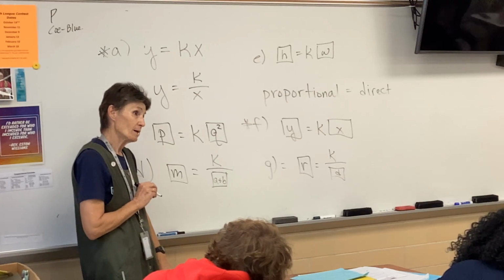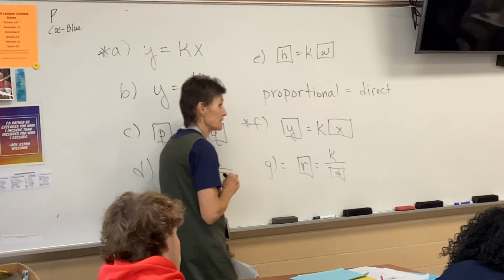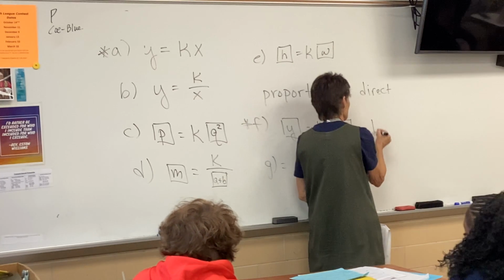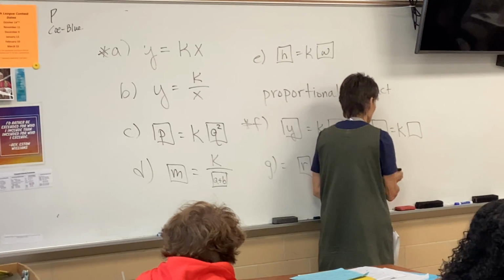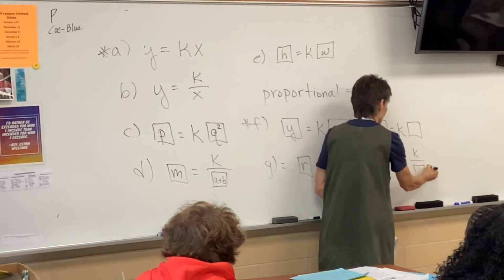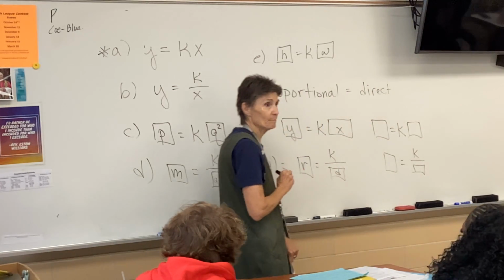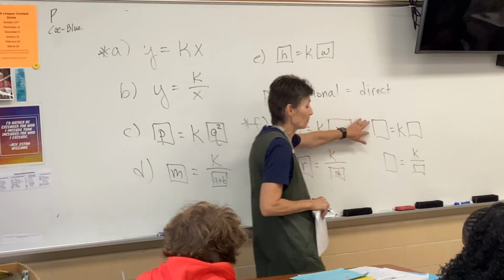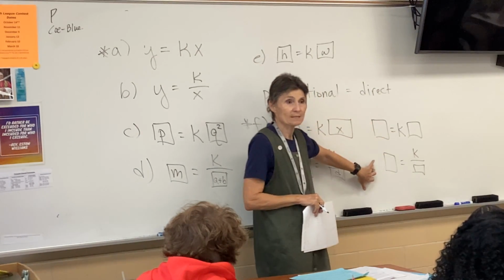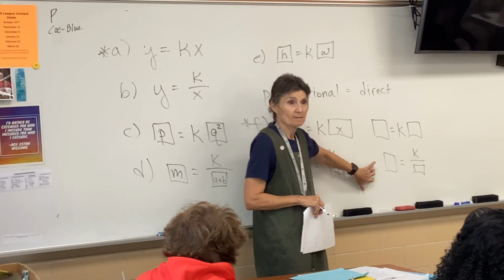So when you do one of these problems, your setup is going to be this or this. Right? That's going to be your setup every time. You're just going to read the question. If it says direct, you're going to set it up like this. If it says inverse, you're going to set it up like this.